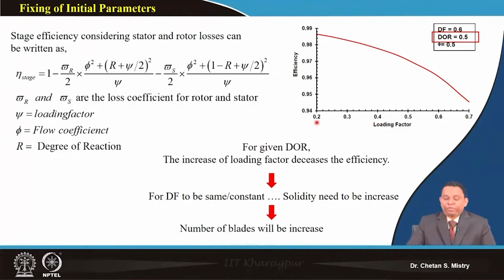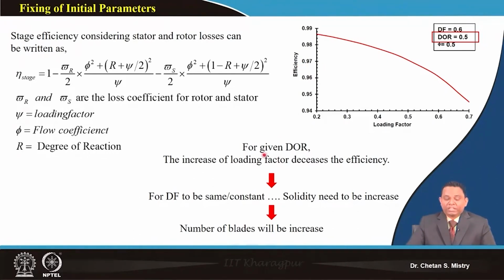What you see is that for a particular degree of reaction, say 50% reaction, when we increase the loading factor, the efficiency goes lower. So this interrelates many parameters.